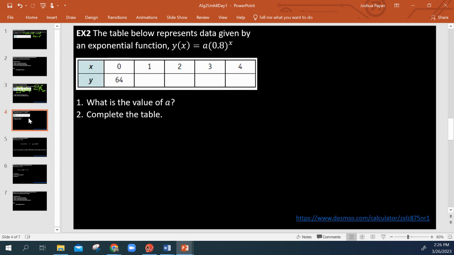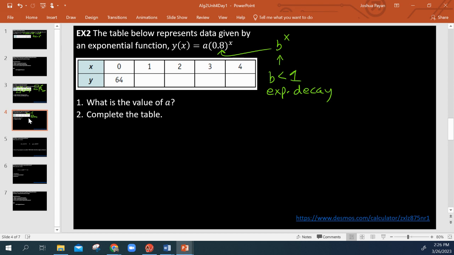Okay, so here's another example. We don't have a whole lot of information here, but we have enough to work with. So let's say y of x is equal to some number a times 0.8 raised to the x. Right here, where we have b to the x, because b is less than 1, we say that this is exponential decay.